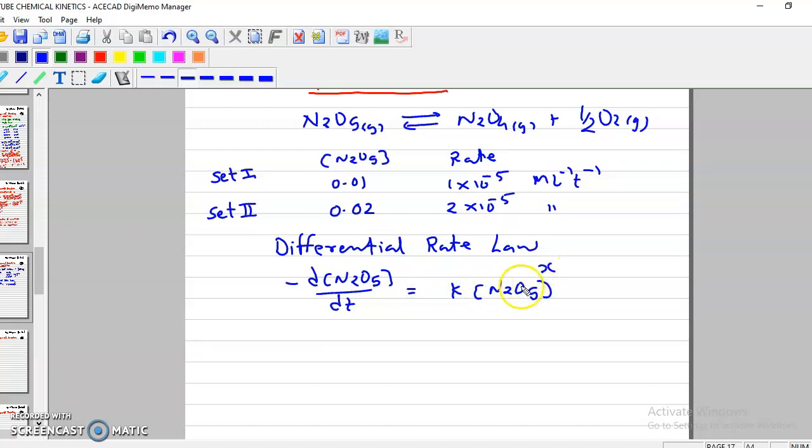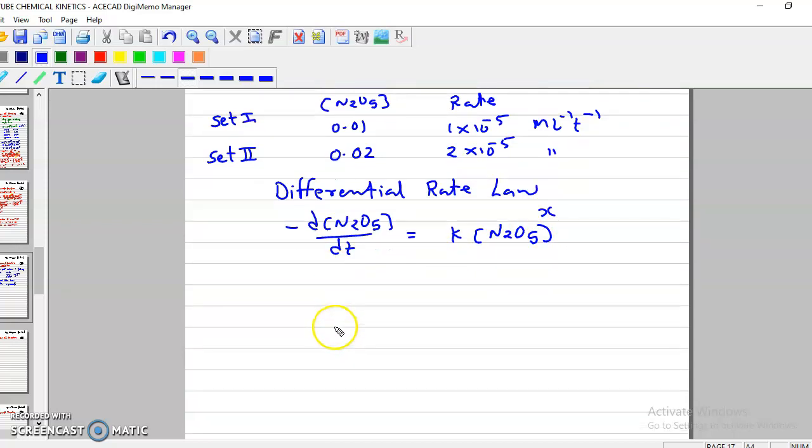So it is confirmed that X is not equal to 0. Now what will be the value of X? That we can find out by putting these values in this equation.